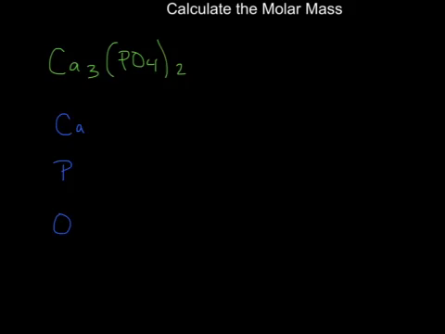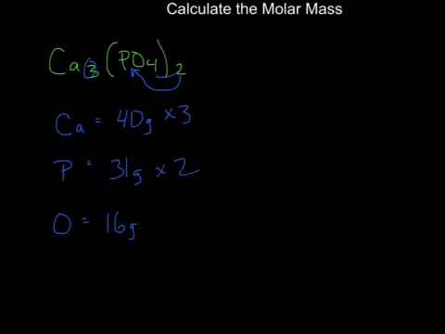So we have calcium at 40 grams, phosphorus at 31 grams, and oxygen at 16 grams. Remember, these can all be found on the periodic table. Calcium, we have 3. Once again, let's multiply that 2 into the phosphate.